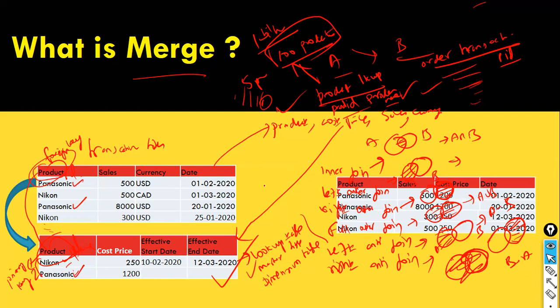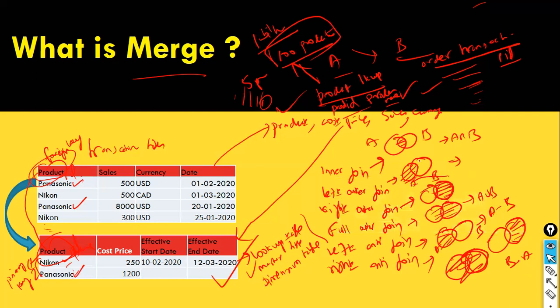So your management wants to see, hey, what are the products we sold? What are the products that we did not sell? In that kind of situation, look at this one, left outer join. So this is very much helpful. What are the items that we sell? This is your product table. This is your order transaction, right?